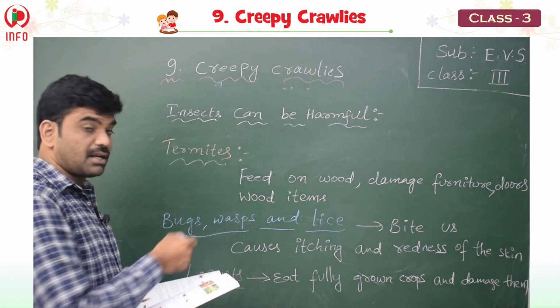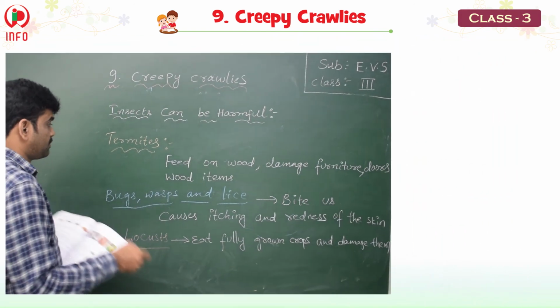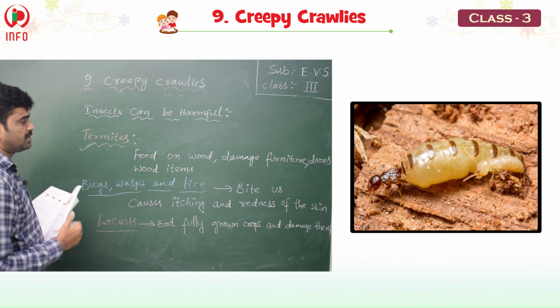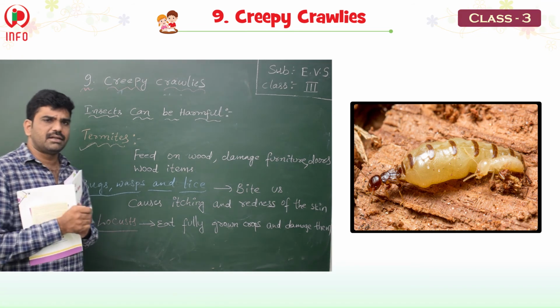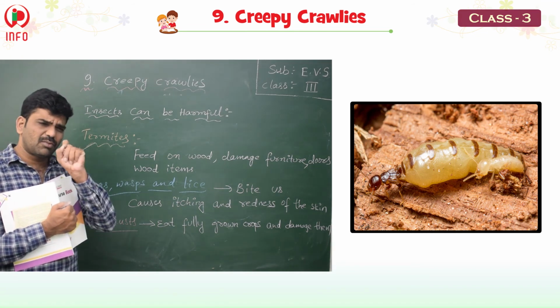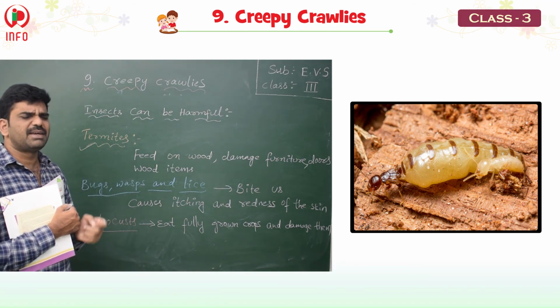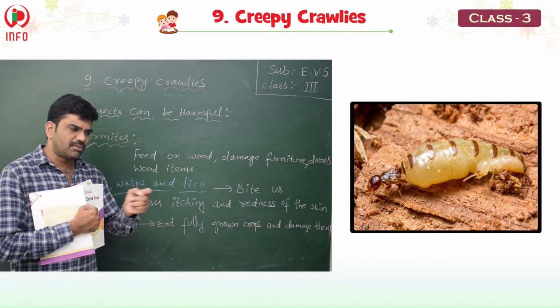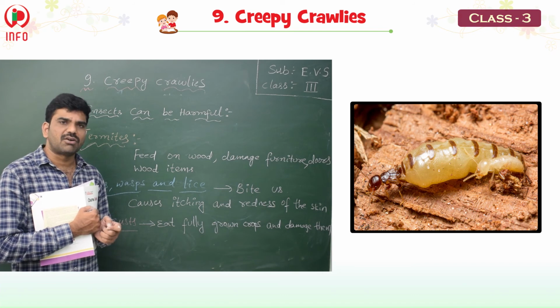Some more insects are also harmful, children. The first one is termites. Let's see termites. Children, you have seen some very tiny insects on the wood of the trees and the wood present in your houses.